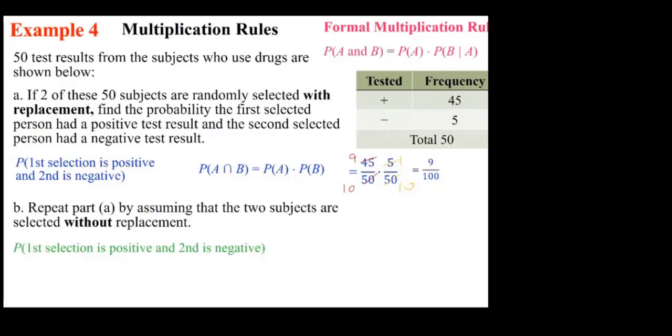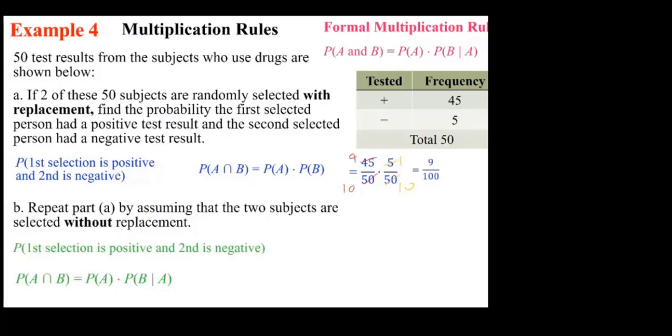However, what happens in part B? We're going to repeat the same thing, but this time without replacement. So when we do without replacement, we have to use the formula at top. Probability of A intersection B is probability of A times the probability of B given that A has occurred. Now, what is the probability of A?